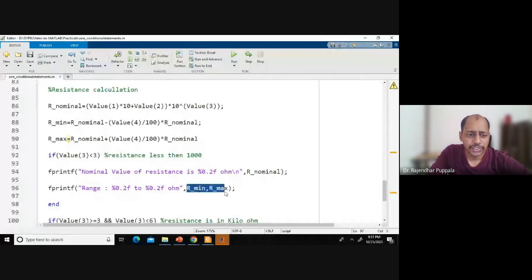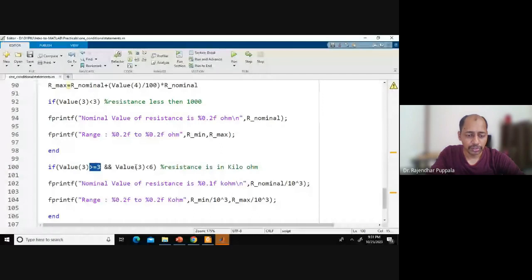Both the values we are mentioning here, okay? And ohms only we are giving. These are the units. In ohms only we are representing. And these percentages I will explain to you in a minute. If value 3 is greater than or equal to 3 and less than or equal to 6, what do we have to write? In terms of kilo ohms we have to write. Kilo ohms.